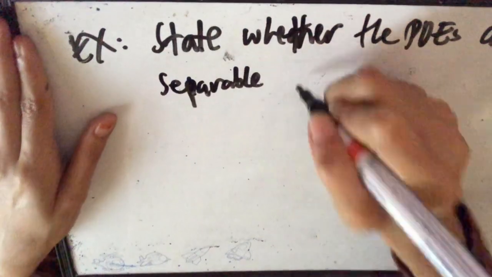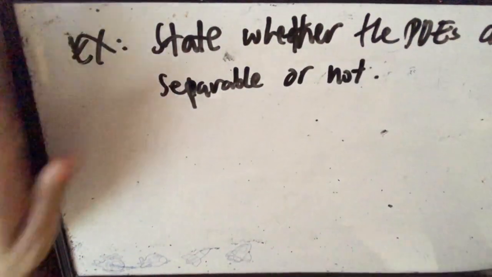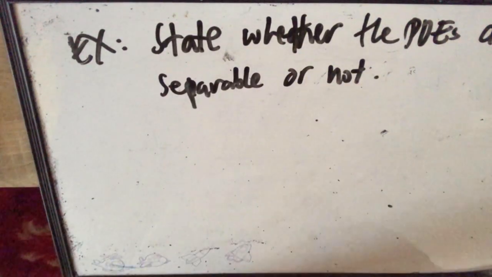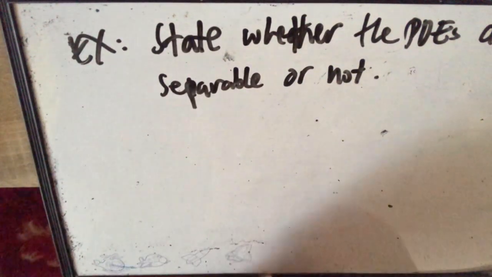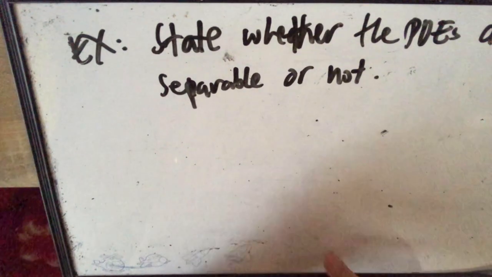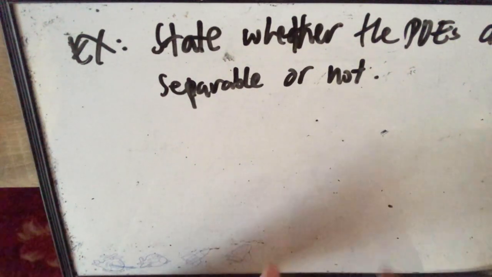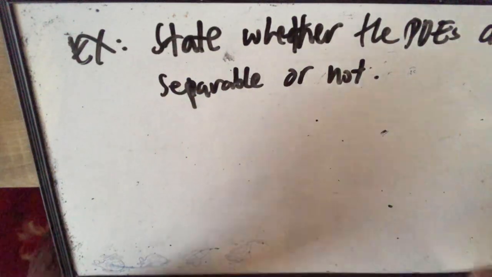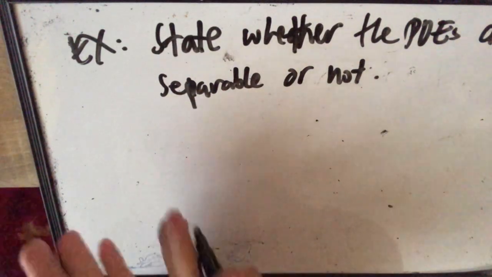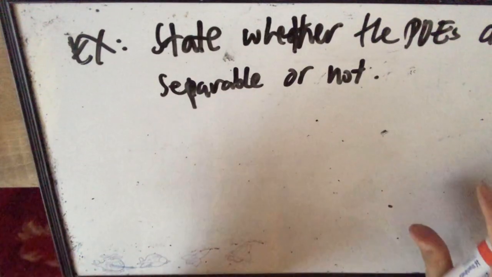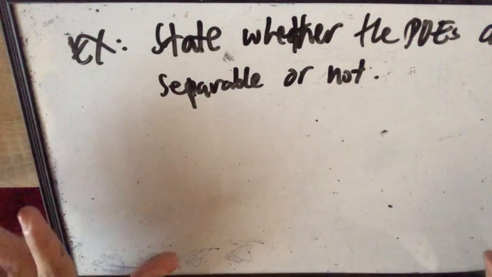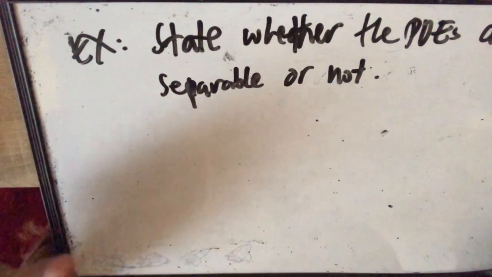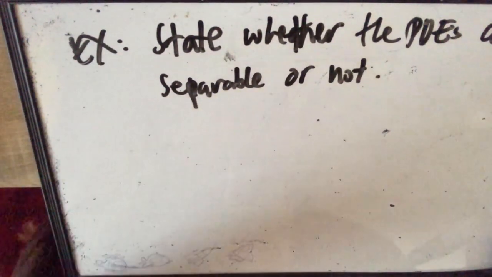What does separable mean? You have two variables, x and y. Separable means you split it into two parts, so that one side is left with only x and the other side is left with only y. That is what separable means, so this question asks you to state whether the equation is separable or not.